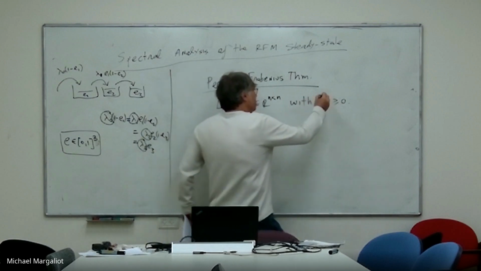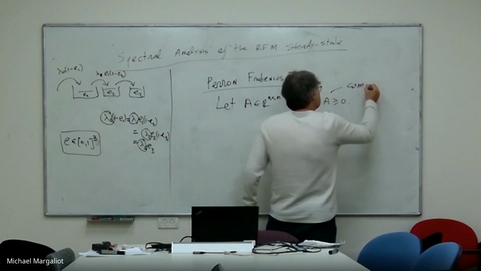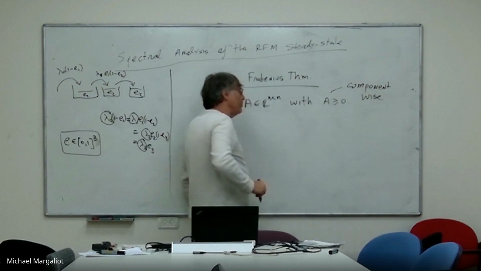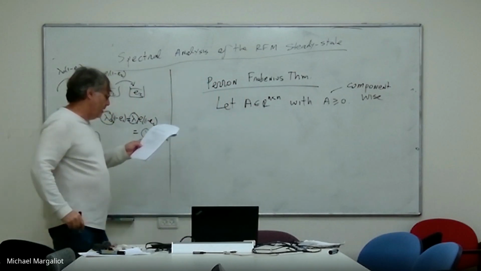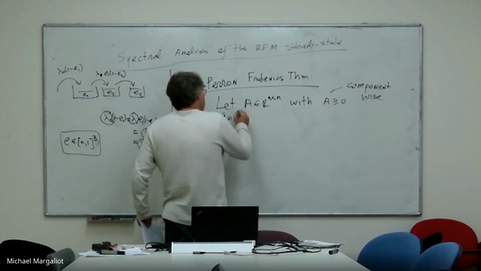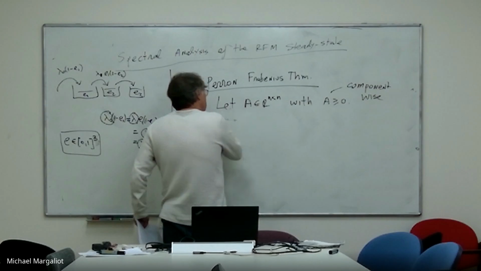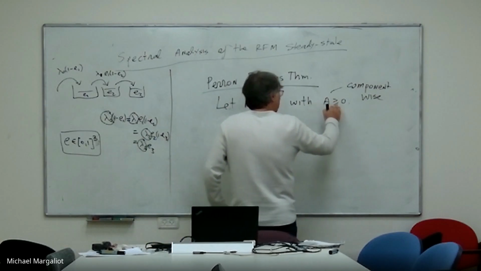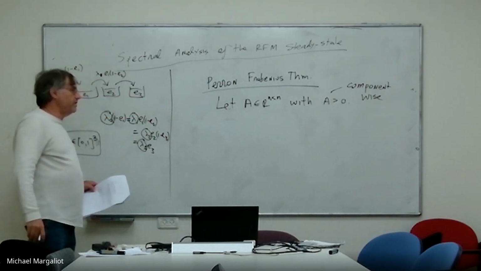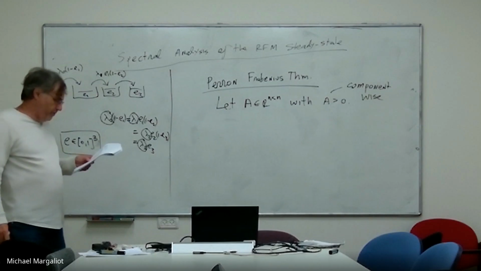This means that I look at this component-wise, and all the entries are non-negative. Let's assume that all the entries are positive. Then it's actually the Perron theorem, but that's good enough for us as well.